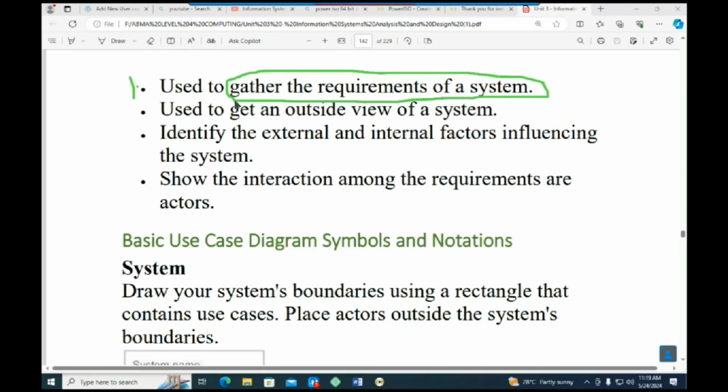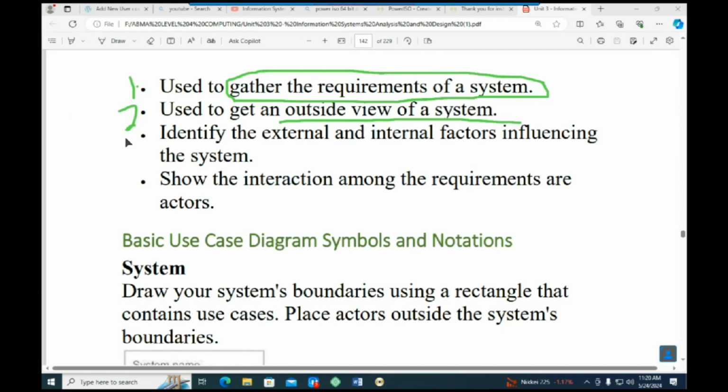If somebody is taking notes, the first purpose of use case diagrams is to gather the requirements of a system. Number 2, we use case diagrams to get the outside view of the system. Remember, we said that it will help us to identify the external environmental factors that are influencing the system. So it helps us to get an outside view of that particular system.